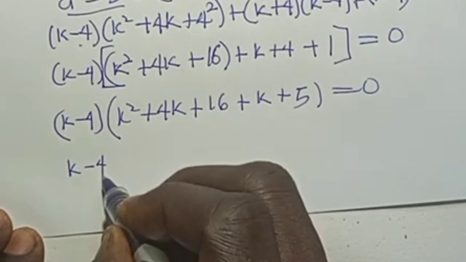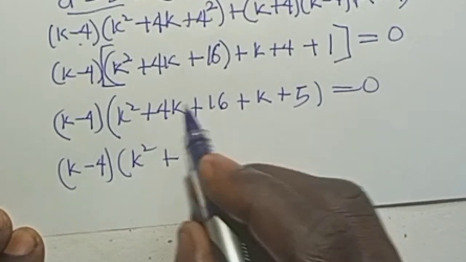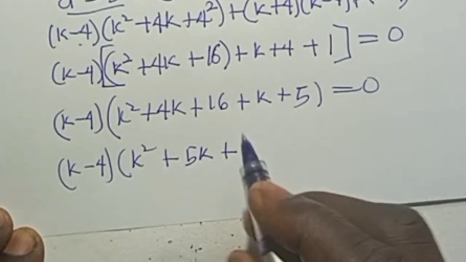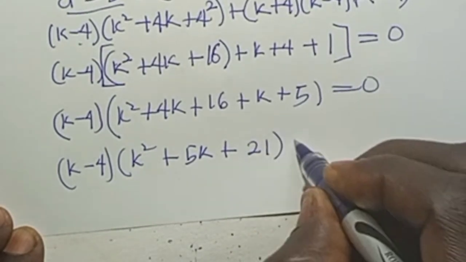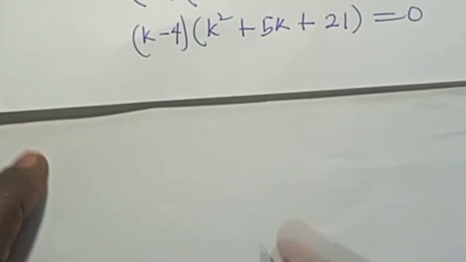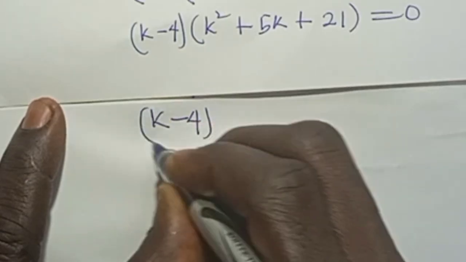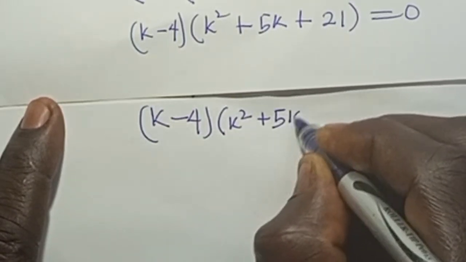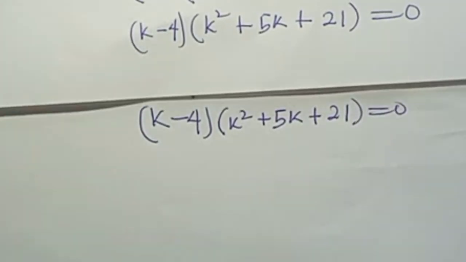So k minus 4, k squared plus 4k plus k, that is 5k, plus 16 plus 5, that is 21, all equal to 0. k minus 4 into k squared plus 5k plus 21, all equal to 0.